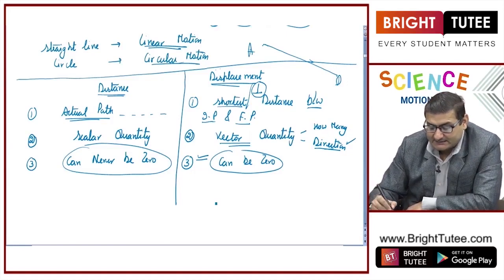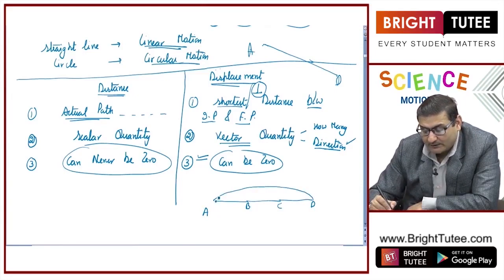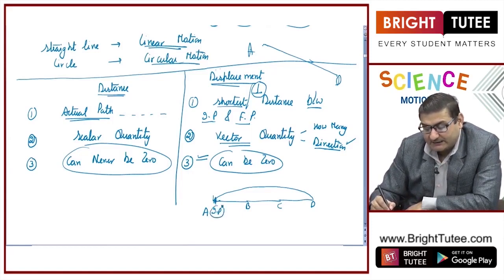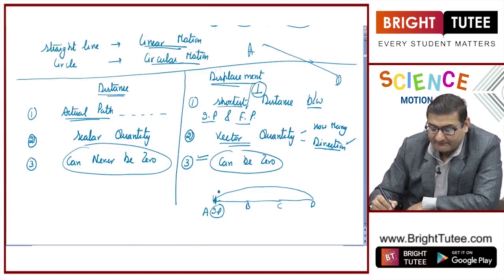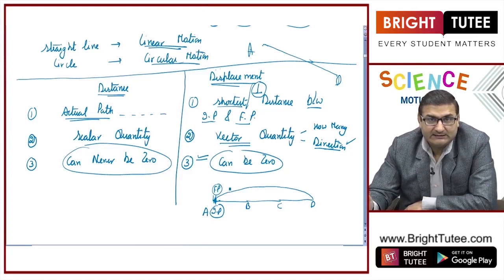Fine. Let us take an example that I started from A, I went to B, I went to C, I went to D points, and then I came back home, to my initial point A. Now, the initial position from where I started was A and my final position is also A. And the distance between my initial position and final position, which we termed as displacement, is actually 0, right?